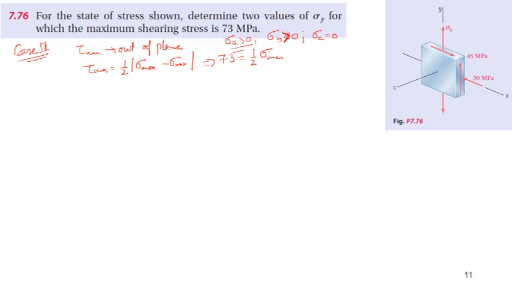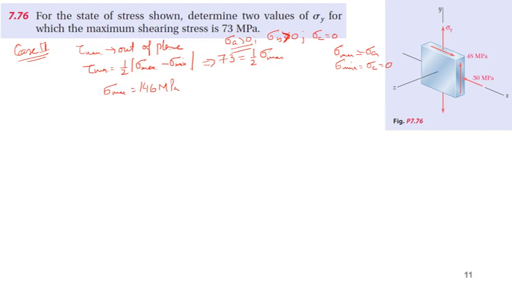So the non-zero maximum will be sigma A. So we can find the sigma max, very simple. Sigma max will be 2 times 73 megapascal, and it will be 146 megapascal, because sigma max is equal to sigma A and sigma minimum will be equal to sigma C, that is equal to 0.